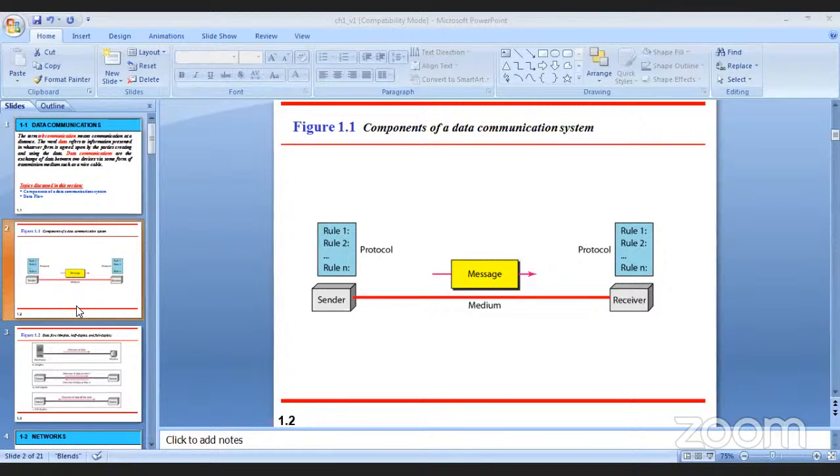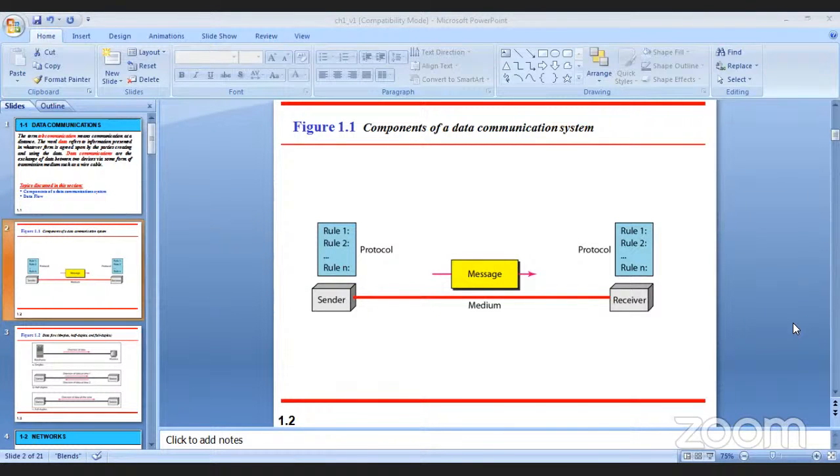Between the sender and receiver is the medium through which the data will transmit. Let's say you want to go from Bhubaneswar to Cuttack, the national highway is your communication media. Media is the plural form, medium is the singular form.